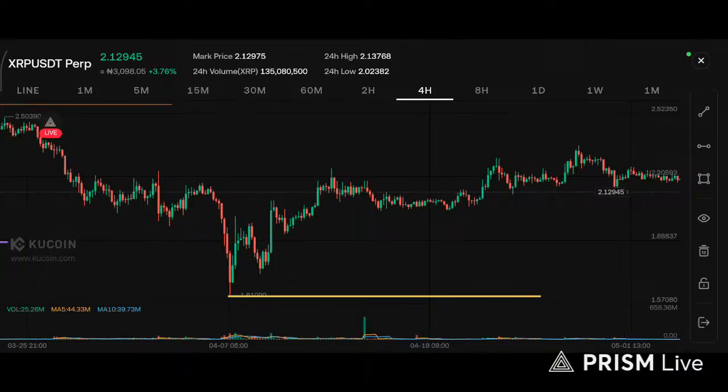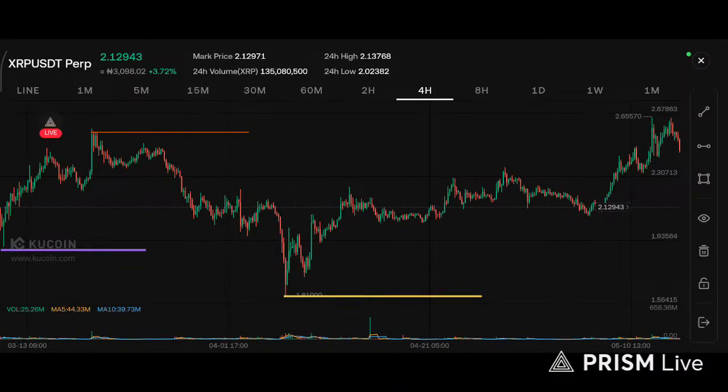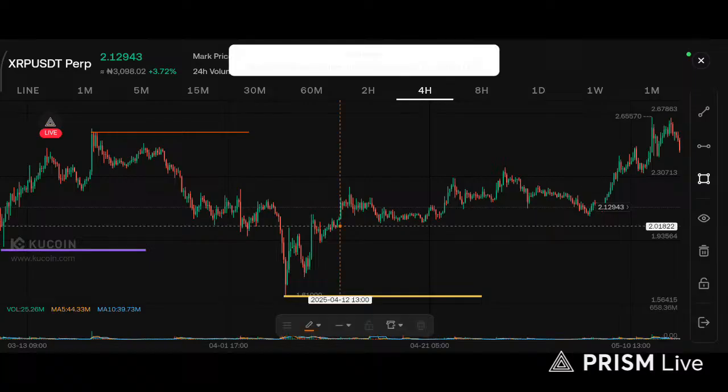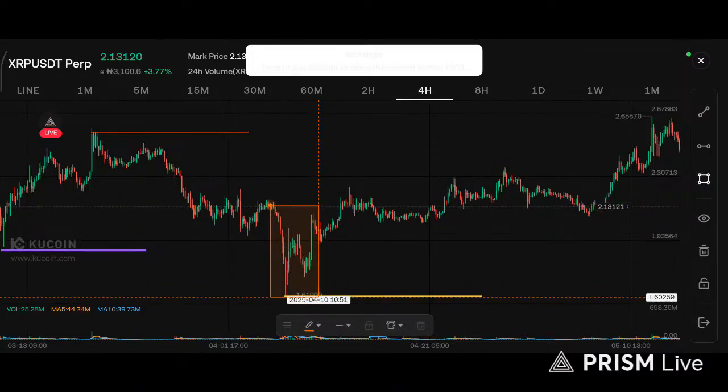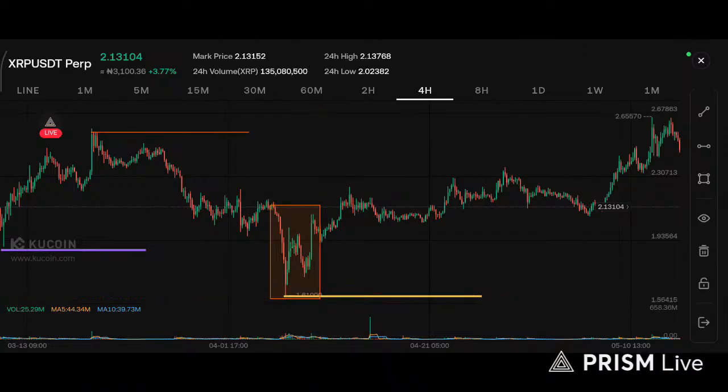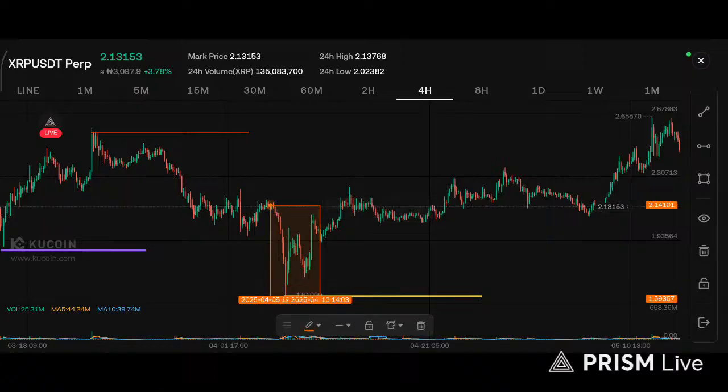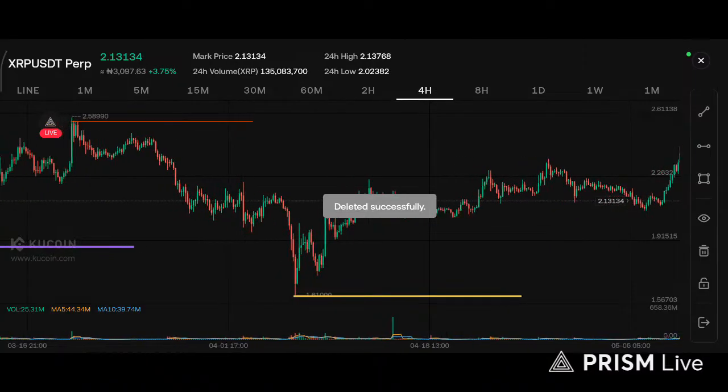Now, guess what happened in the market? After forming this place here, there is already a double bottom. What is inside that angle is a double bottom. That is another signal that the market is going to bounce back, it's going to reverse. It was in a downward direction, but guess what happened?